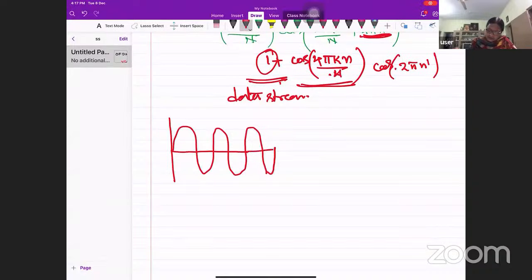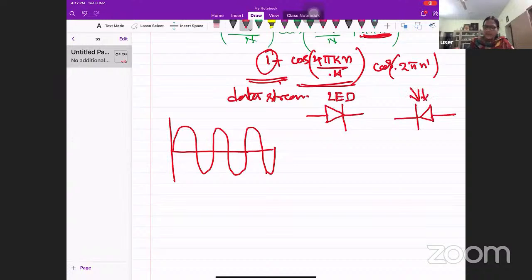So I am saying devices. What are the devices? Light emitting diode, LED. We know very well what an LED is, a light emitting diode. And a photodiode: if light falls on it, it takes light. When this emits light, this takes light.